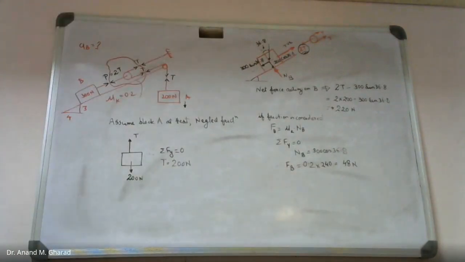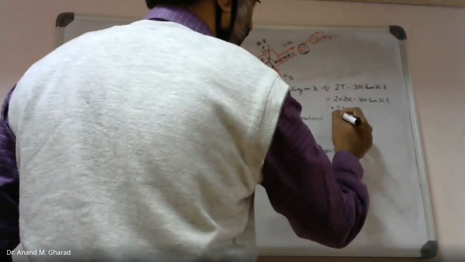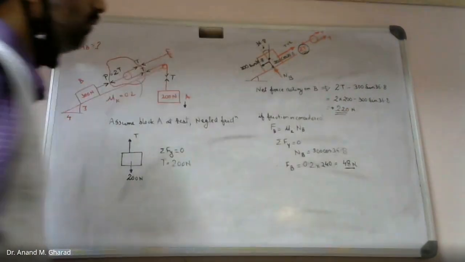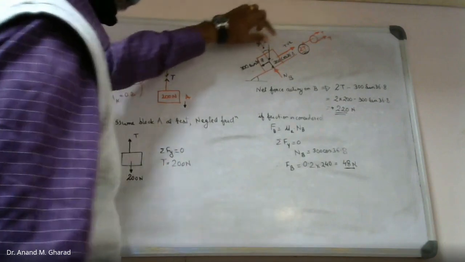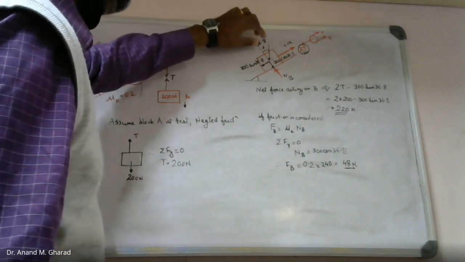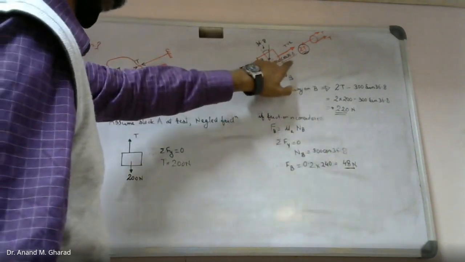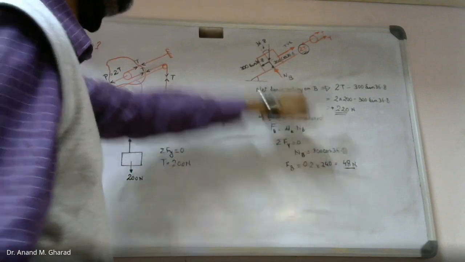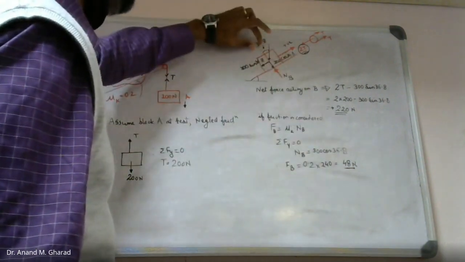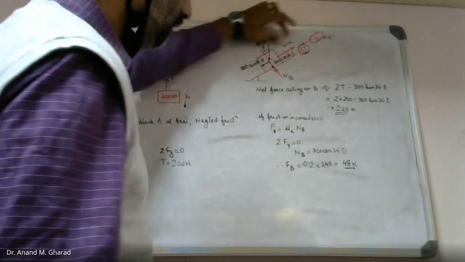And this 48 Newton is not sufficient to avoid the movement of this block B in the upward direction. Right? It will be insufficient and it won't keep this block in position. This frictional resistance won't be sufficient to hold block B in position, and it is going to move in the upward direction.